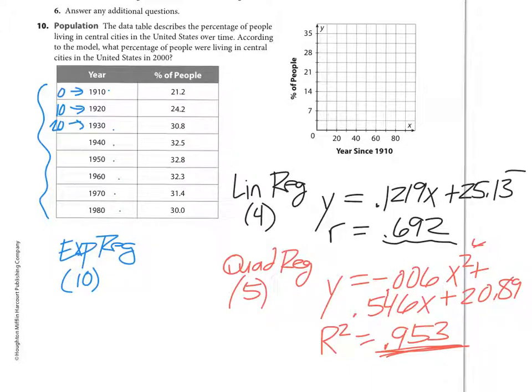So I go through and do the same thing, stat, calc, go down to number 10, exponential regression, calculate, and I get y is 24.74x plus, that's writing it as a linear, my apologies, 24.74 times 1.005, that would round to 5, to the x power, because it is increasing. It's not increasing much, and I'll tell you why here. So r here is 0.703, not a very good fit.